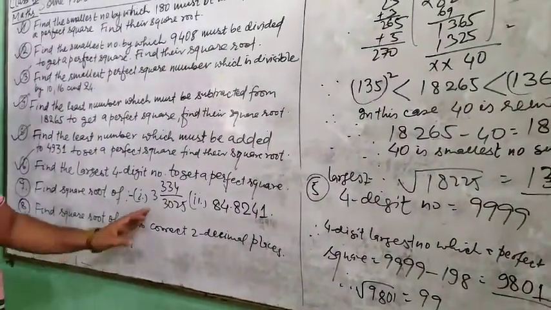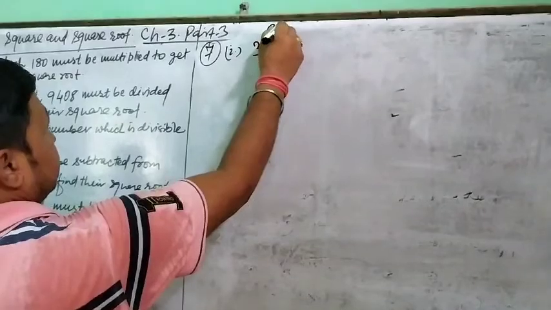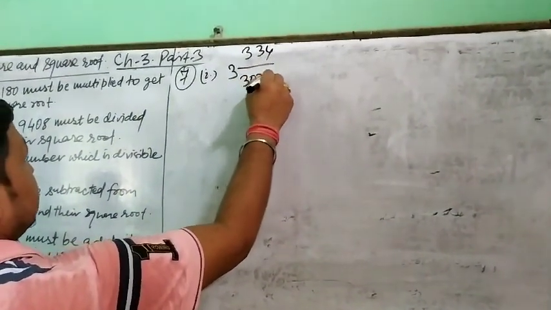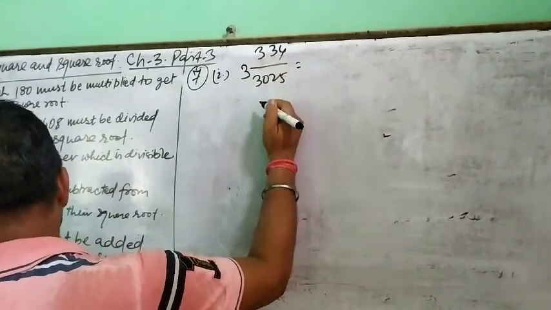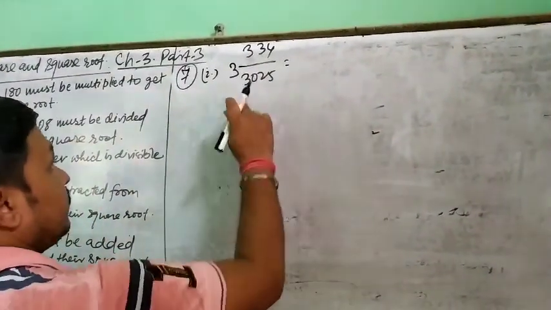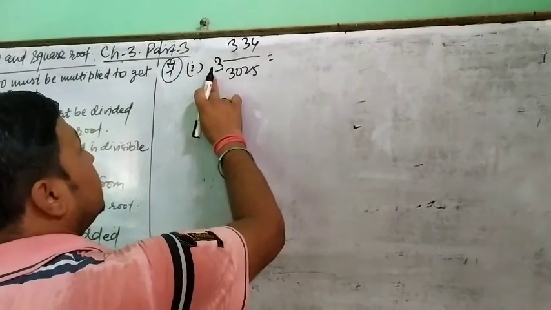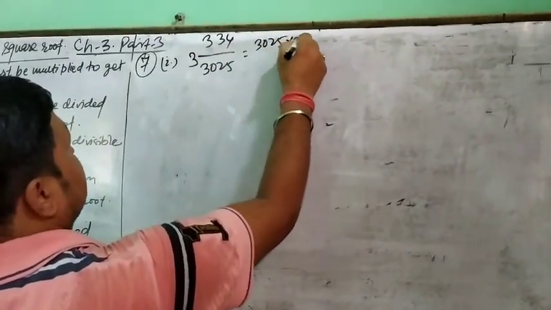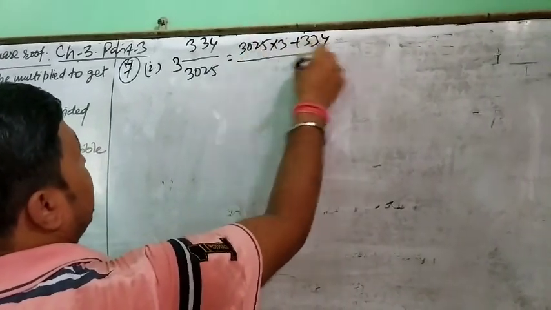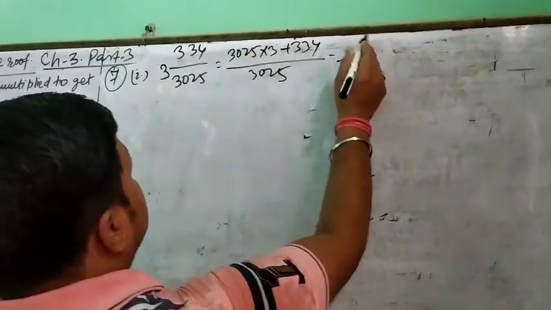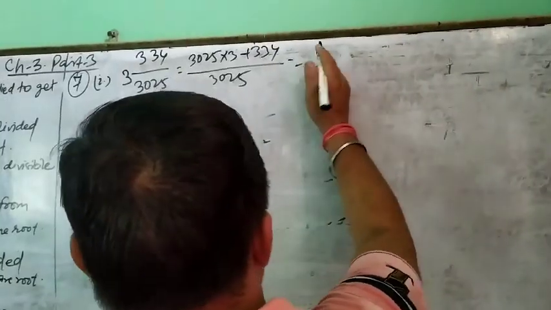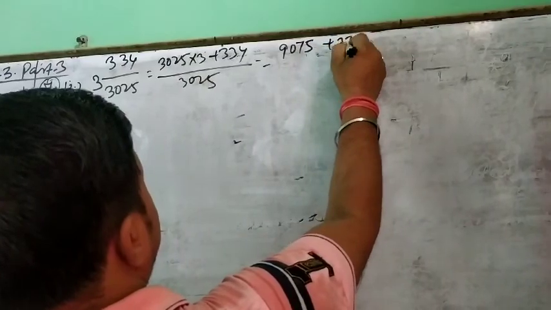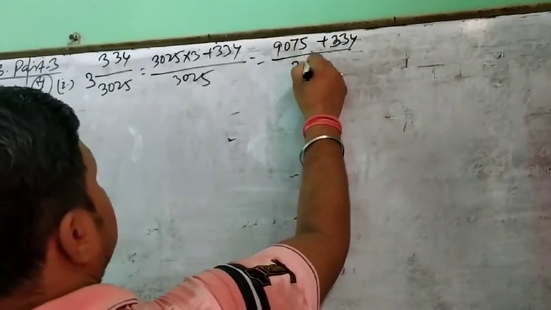Now it should be written as find the square root. So at first changing to the improper fraction. So 3025 into 3 plus 4 by 3025 is 9075 plus 4 by 3025.